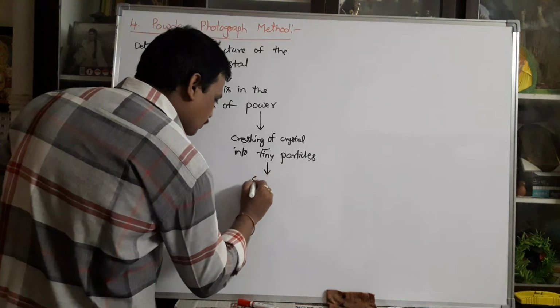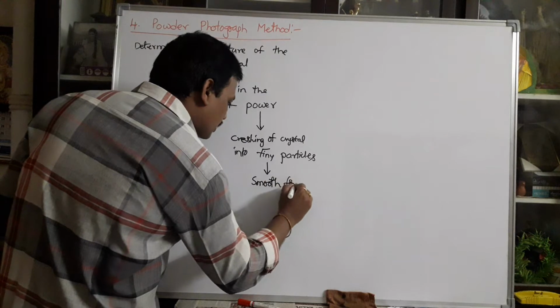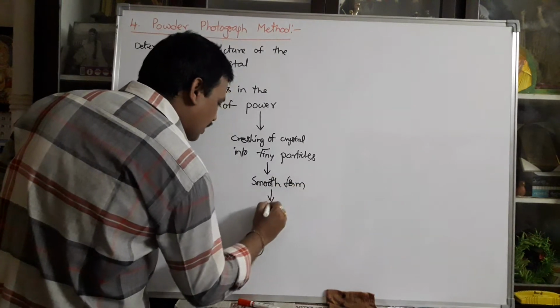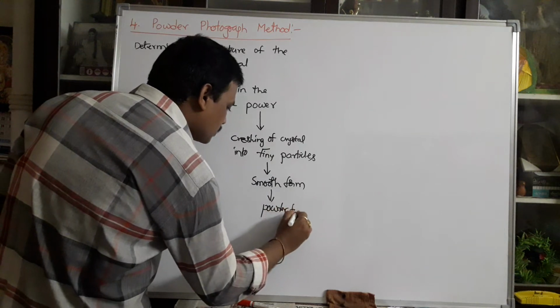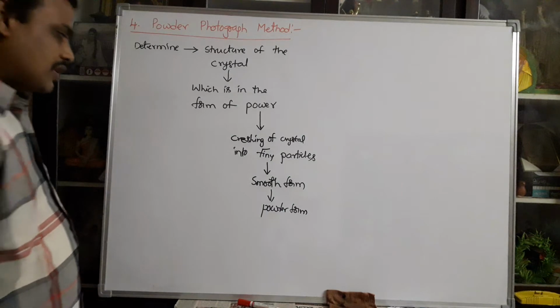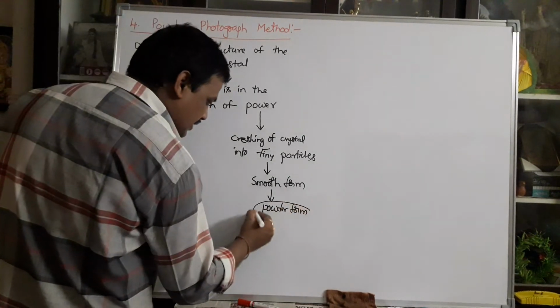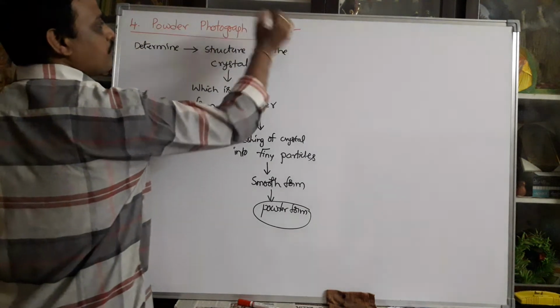The smooth form of tiny particles is the powder form. So the crystal can be taken in powder form, and the structure of this powder-form crystal can be determined by using the powder photograph method.